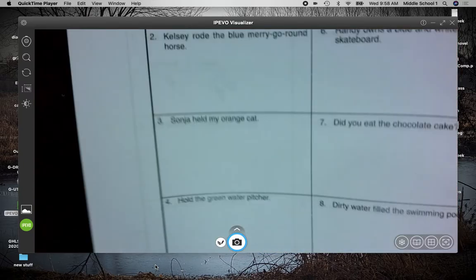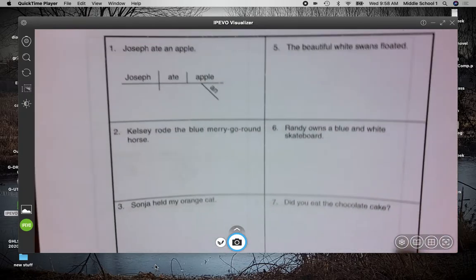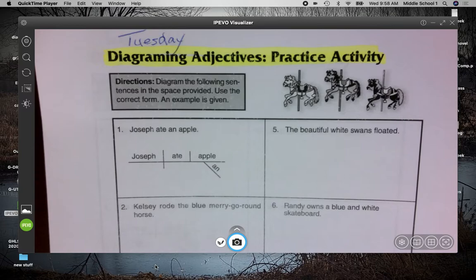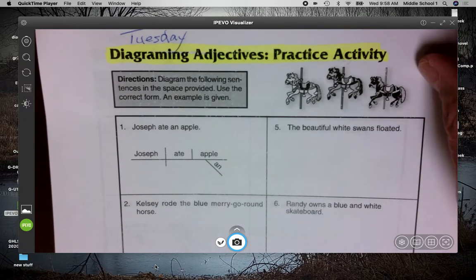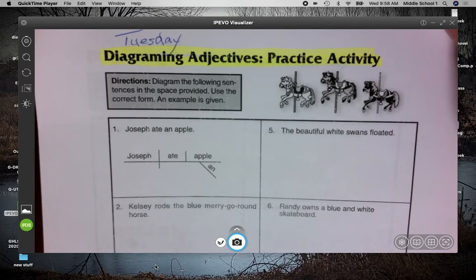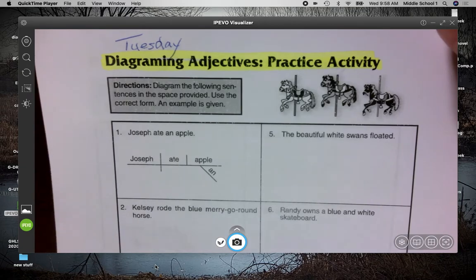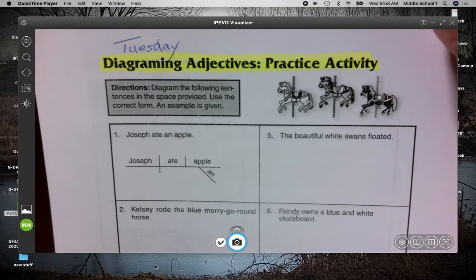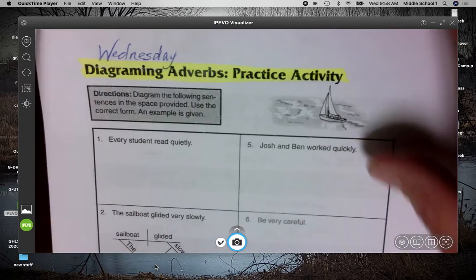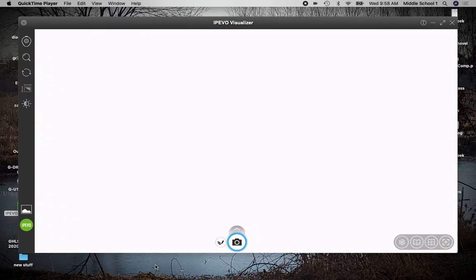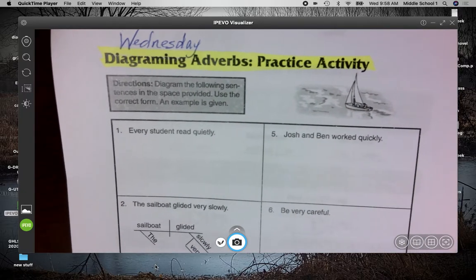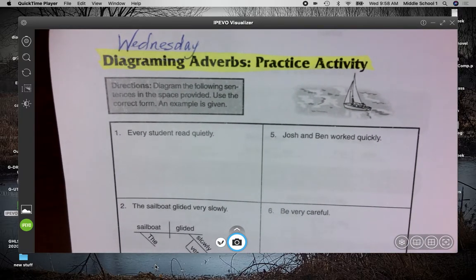So yesterday, Tuesday, we went through these sentences, and you were to have completed these sentences for today. If you did not complete these sentences, you're going to want to be certain to complete those before we move on to the next page, which is entitled Diagramming Adverbs Practice Activity.